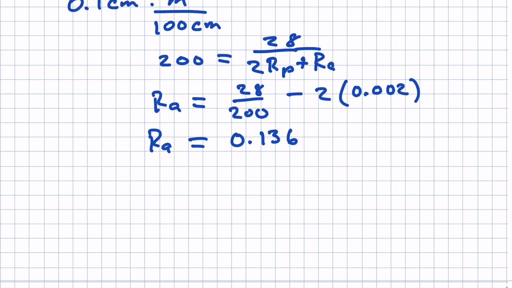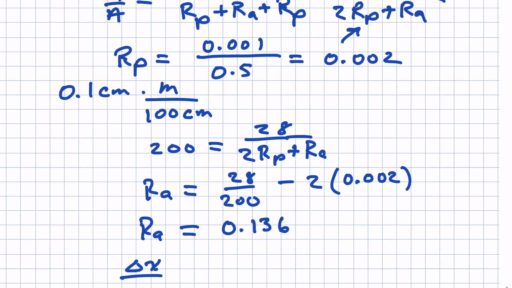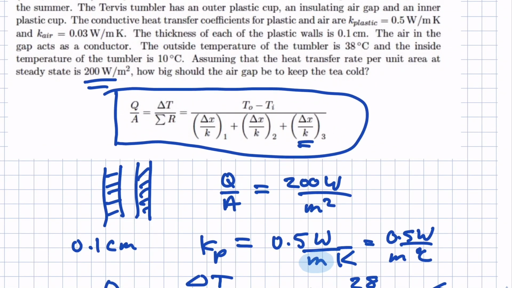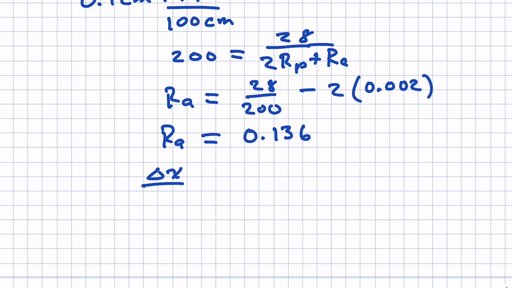But for the purposes of this solution, I'm just going to not put that in. All right, then delta X over K, for air, the K value is 0.03, is equal to 0.136. This is the thermal resistance of air, the air gap.